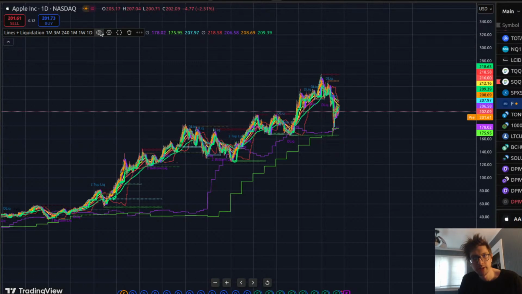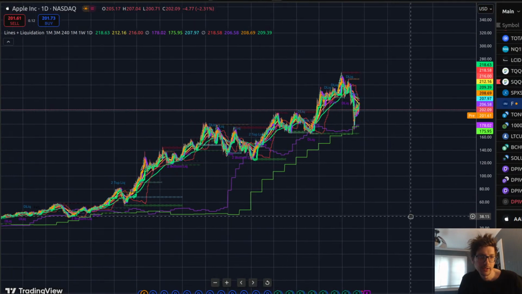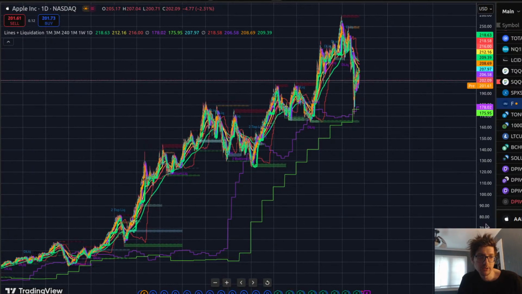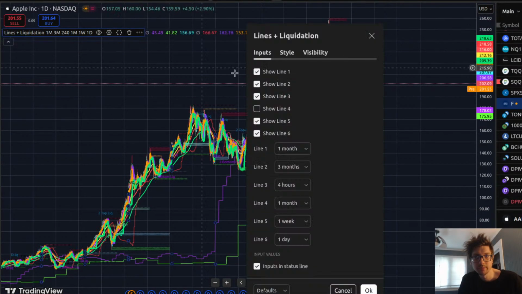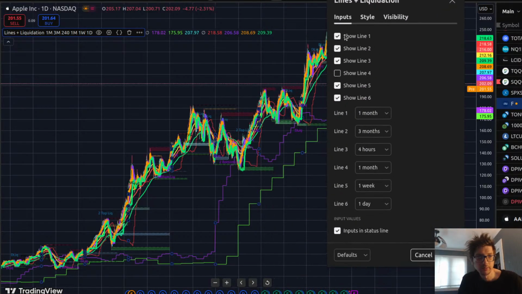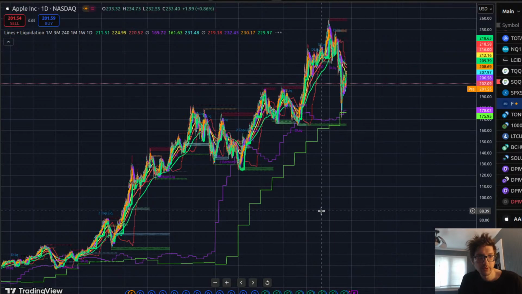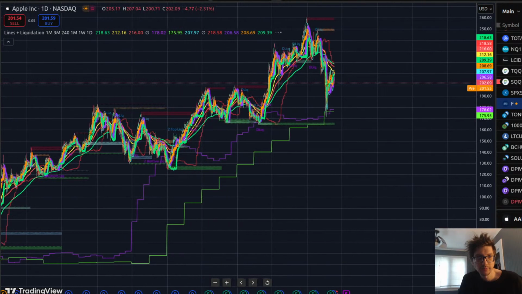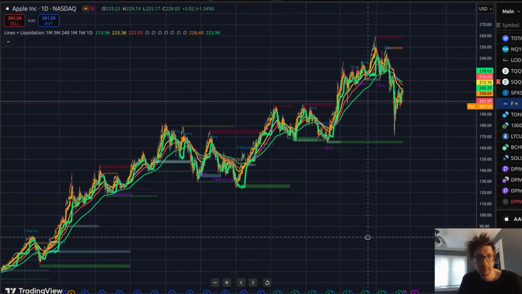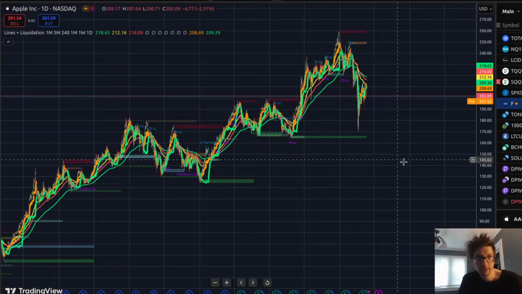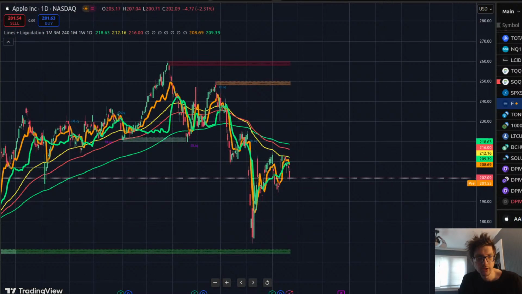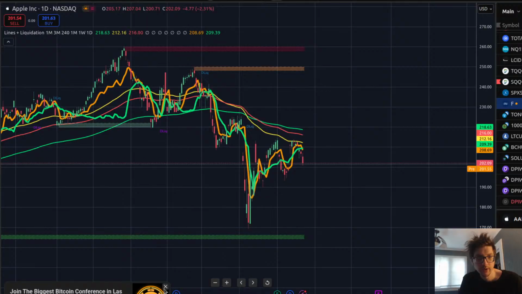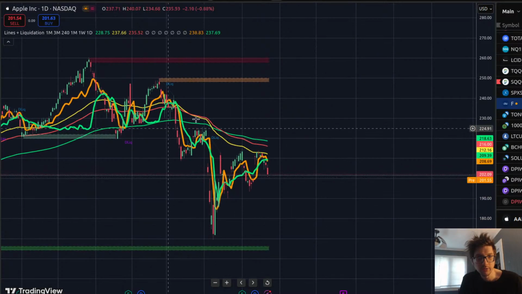That's why I created this indicator. It mitigates the need to draw a bunch of trend lines. I'll just turn these lines off. What you've got here with this indicator, bare bones, is your EMAs and your green line and your orange line, which are your leading indicators for the chart that you've got loaded.